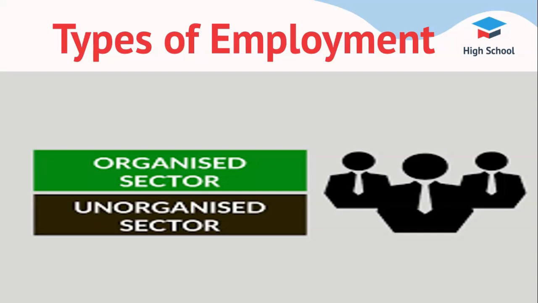Though the occupational pattern varies from one country to another, one can find in developing countries like India that a large workforce will be engaged in the primary sector, while a small proportion in the secondary and tertiary sectors. Whereas in well-developed countries, the proportion of the workforce engaged in agriculture will be very small and the majority of the labor force will be in the industrial and tertiary sectors.